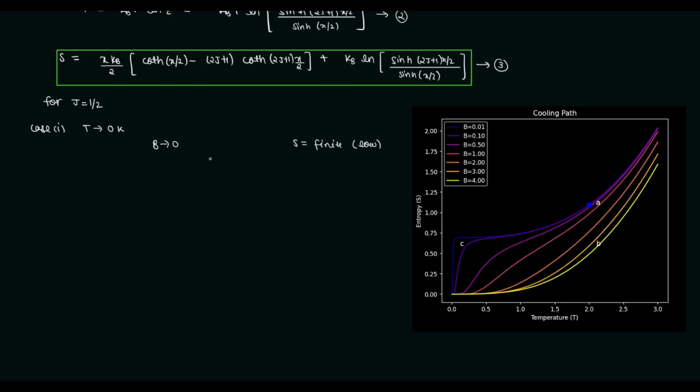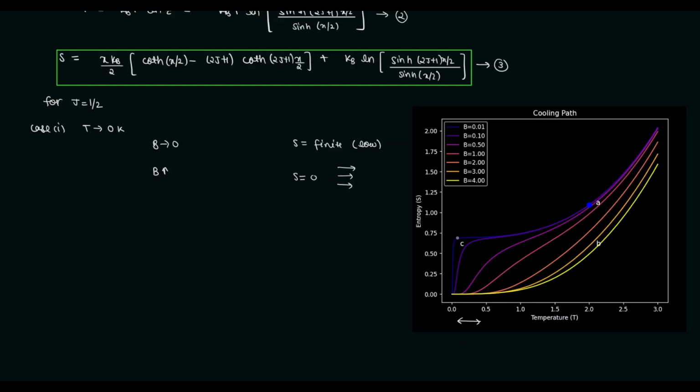So still they will be randomly oriented. But if we increase the magnetic field, then the moments will find a direction of alignment. So in that case, the entropy will tend to 0. That you can see in this graph by this particular range.